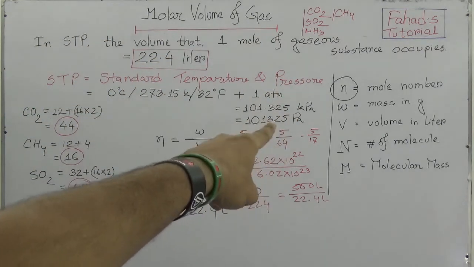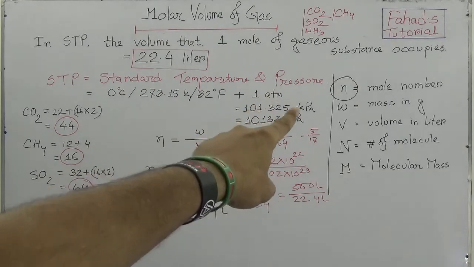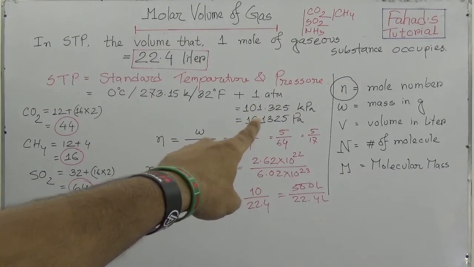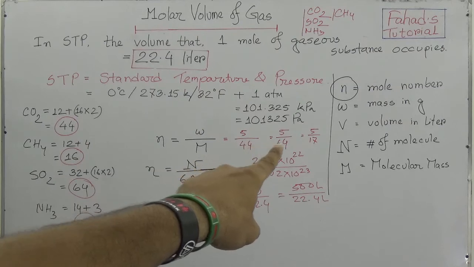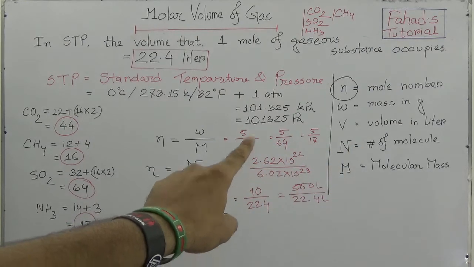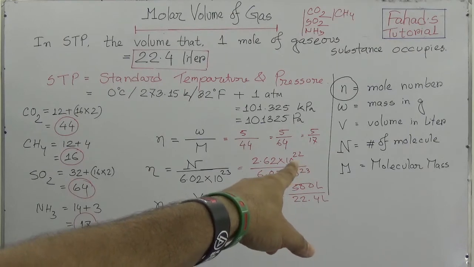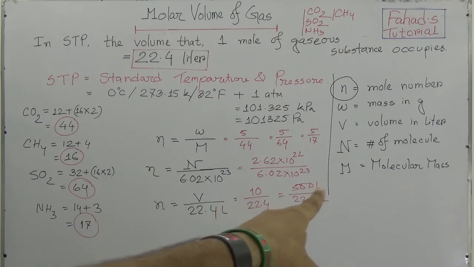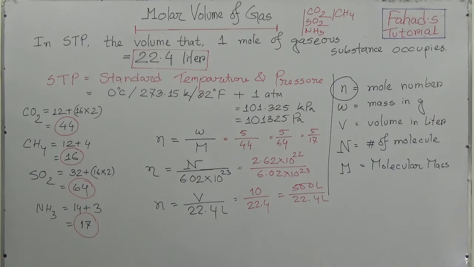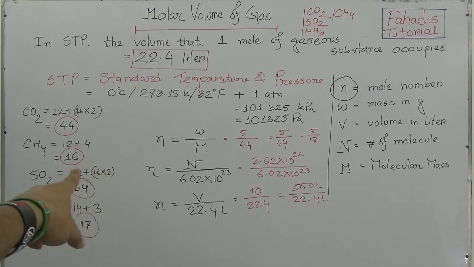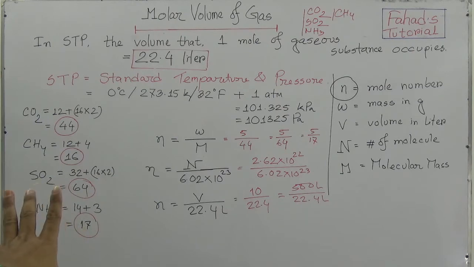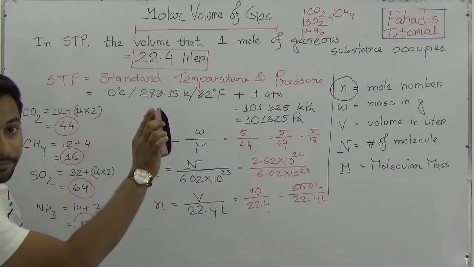Now you think about these alphabets: n is the mole number, W is mass in gram, V is volume in liter, capital N means the number of molecules, and capital M is the molecular mass. So think about how to determine the molecular mass and how to use it to find out the mole number of a gas. I hope you understand this level. So I am removing it.